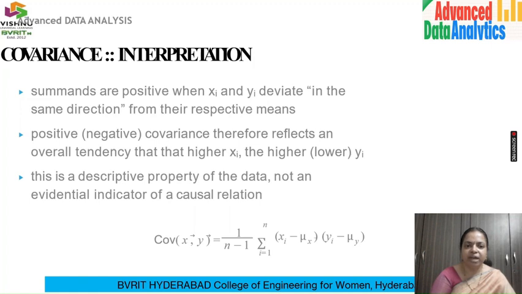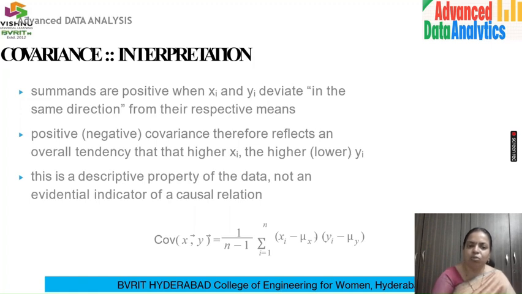And next is covariance and interpretation of data. For covariance, we take our independent variables and our dependent variables. For those values we subtract the mean value, and then we find the differences of our predicted values and our independent variables from the mean value, so that we can understand the covariance, that is, how the independent variables relate to the predicted value.